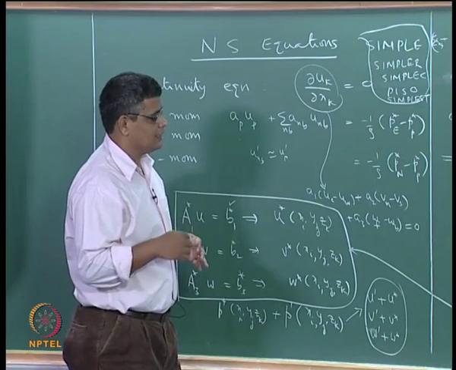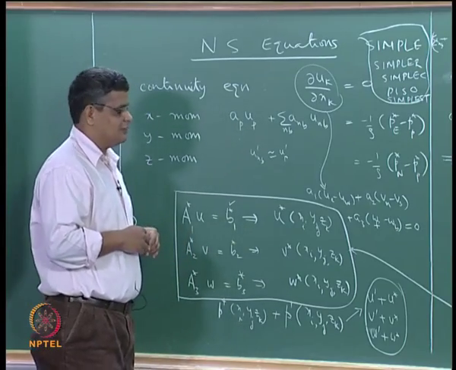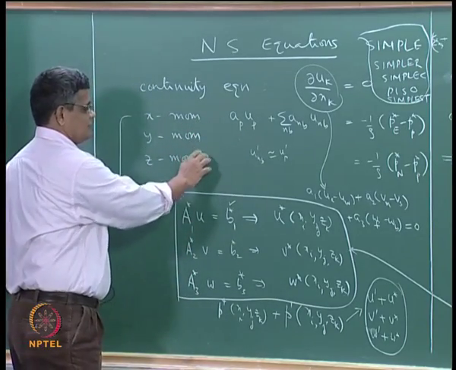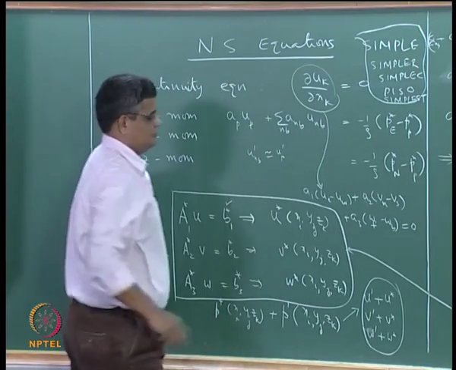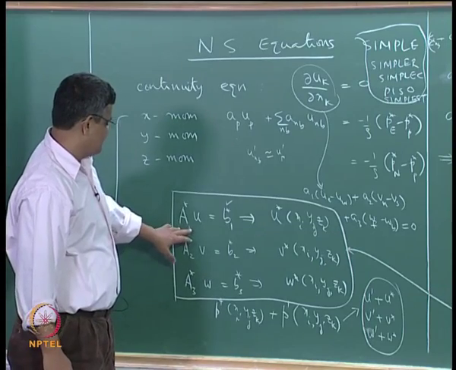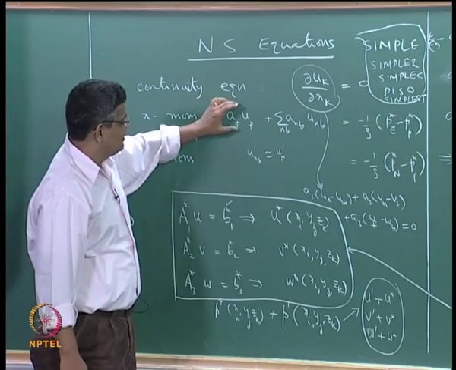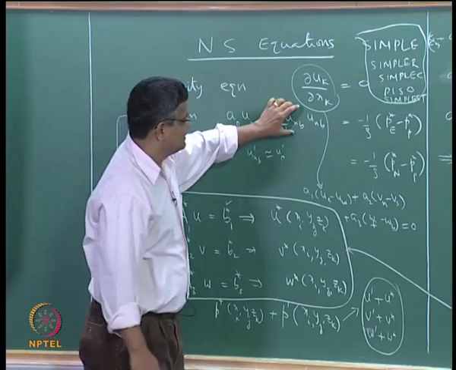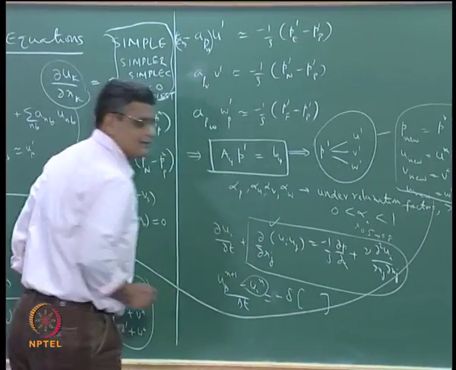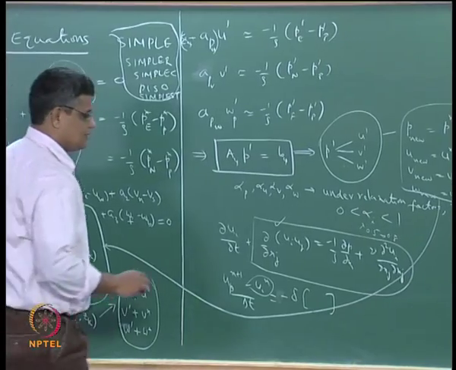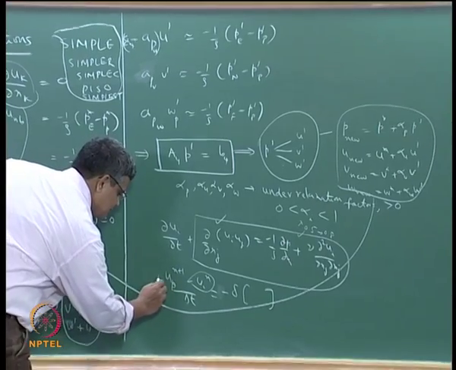So when we are doing an unsteady calculation using the SIMPLE method, then the momentum equations will be modified slightly, but they still are of the same form. That is, we have a1 u equal to b1, where a1 has contribution from the main point plus these things, and the contribution here is now the same contribution that we have from the advection diffusion term, plus, for example, this will give us 1 by delta t.